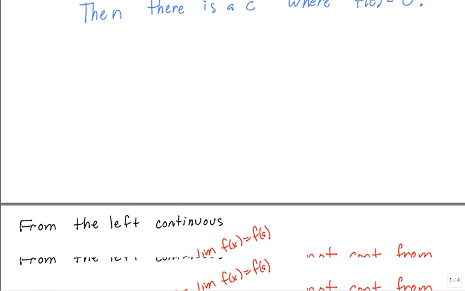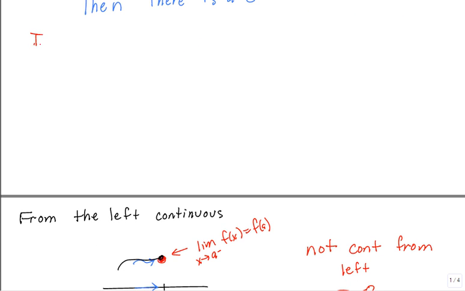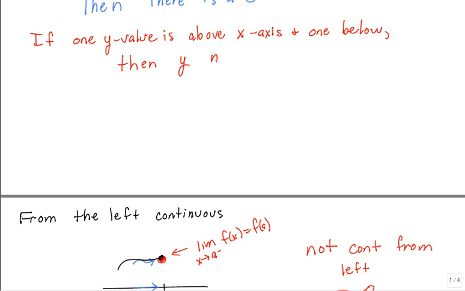So basically what this is saying, if one y value is above the x-axis and one below, then y must cross the x-axis because it's continuous.